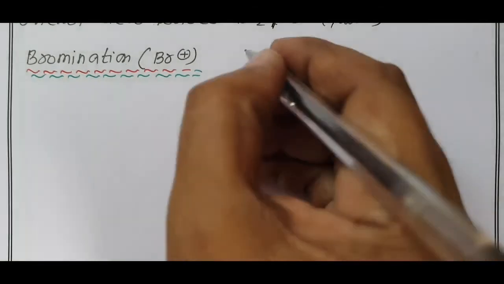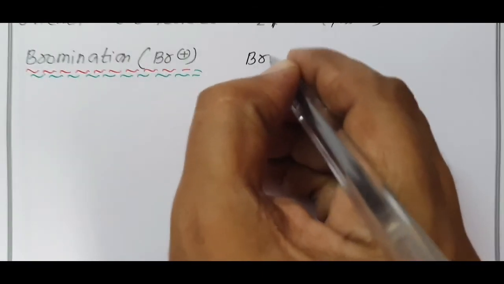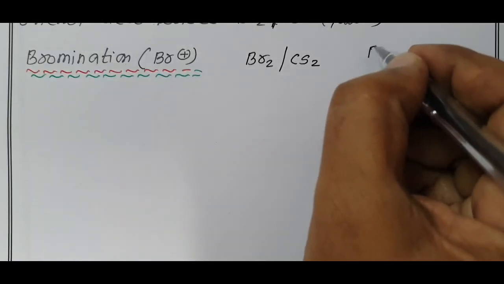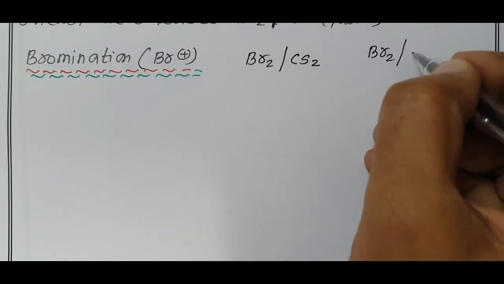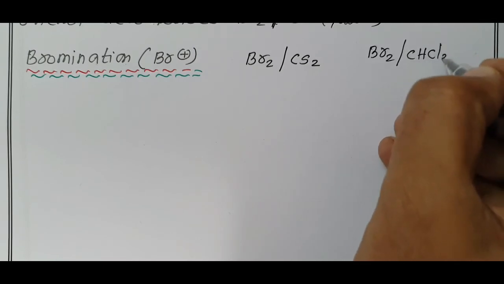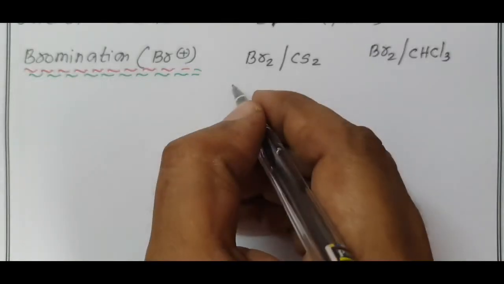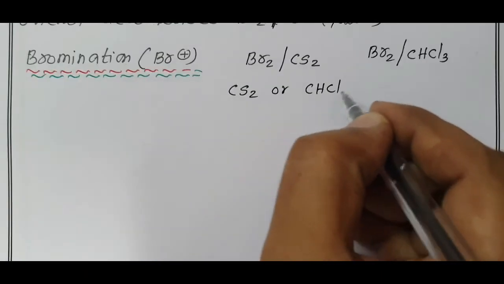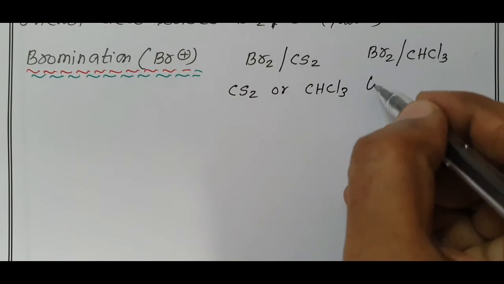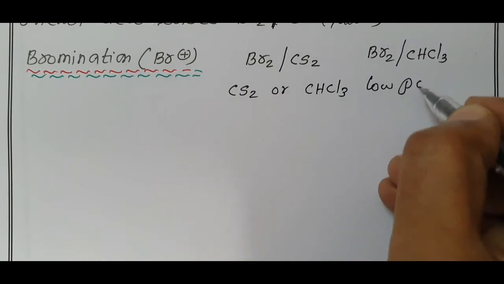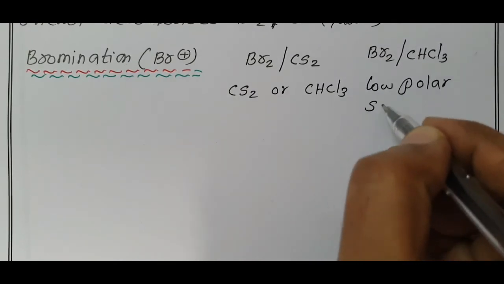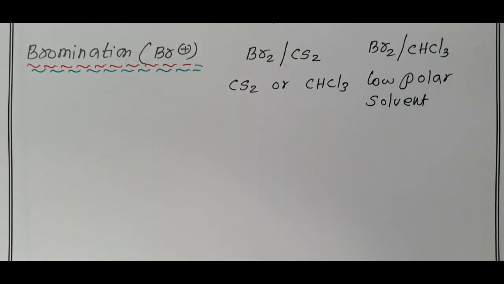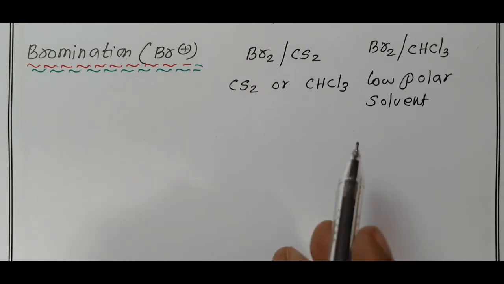Here we are going to use Br2 in carbon disulfide or Br2 in chloroform, CHCl3. Carbon disulfide and chloroform are low polar solvents. The reaction is carried out at low temperature and gives only monobromophenol.